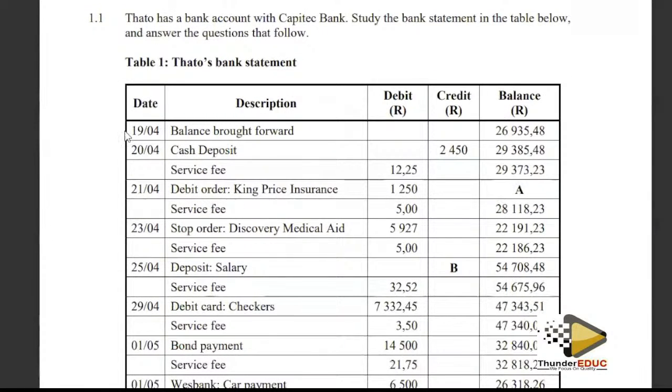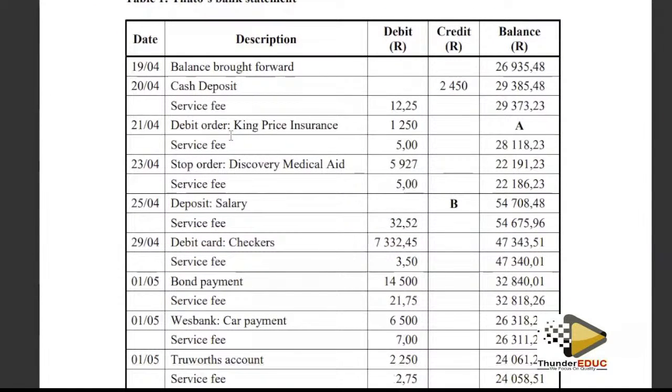Question 1. Tato has a bank account with Capitec. Study the bank statement in the table below and answer the questions that follow. Table 1, Tato's bank statement. All right, when we look at the bank statement, it has the date, description, debit, credit, and balance.